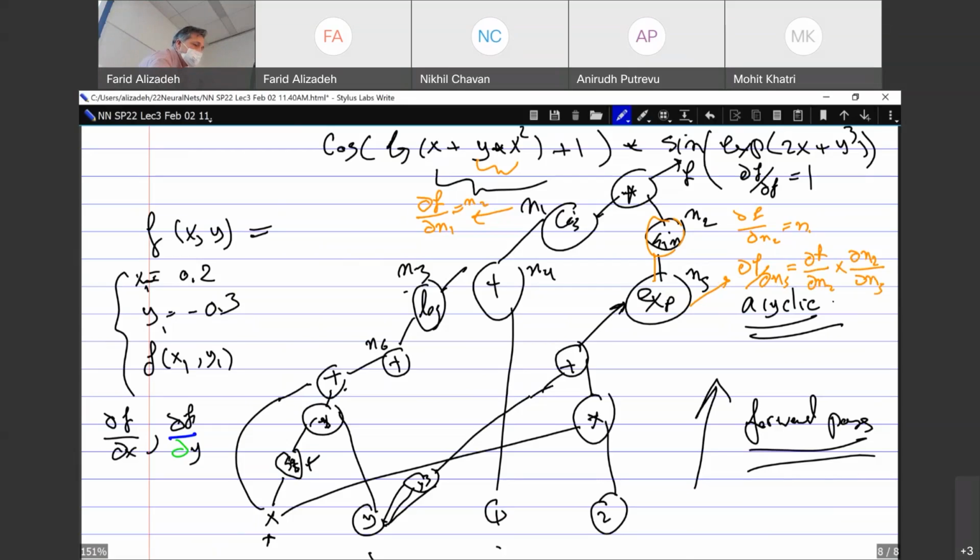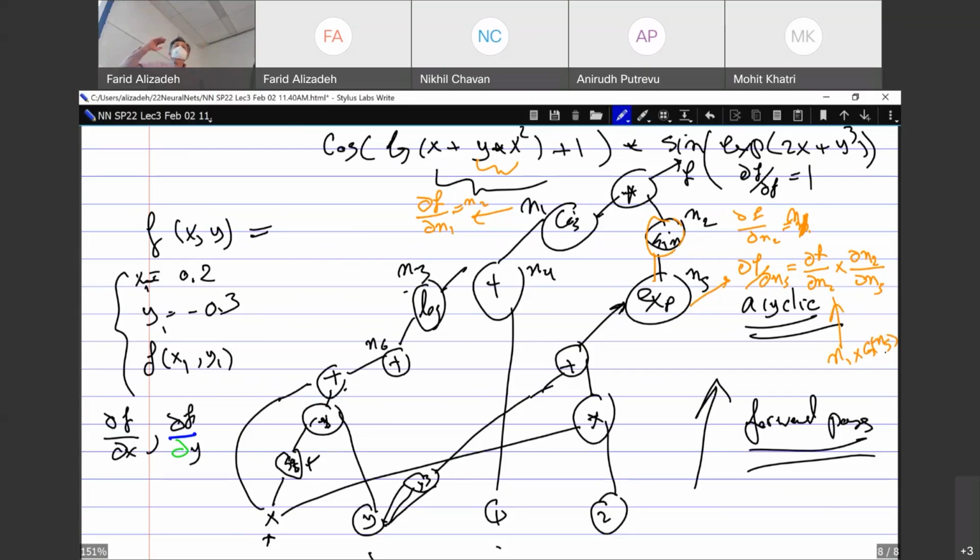That's n1. I don't know why I call it n. N1, right? Sorry. So this is n1 times, and then the derivative of sine of something is cosine. So times cosine of n5.